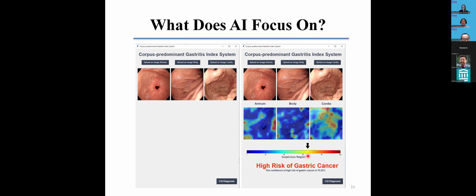And then we also show the cancer risk based on the confidence level of the CGI classification results, so that doctors can diagnose CGI in, I think, 1 or 2 minutes, instead of using the traditional biopsy methods, which require more than 1 week to obtain the CGI results.